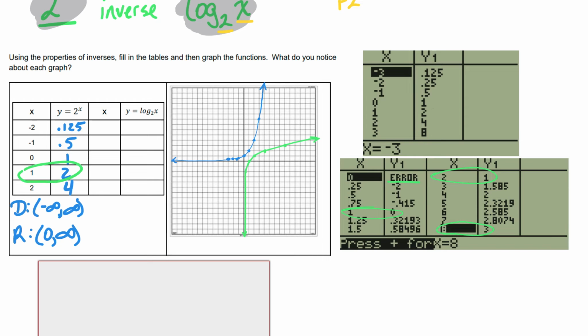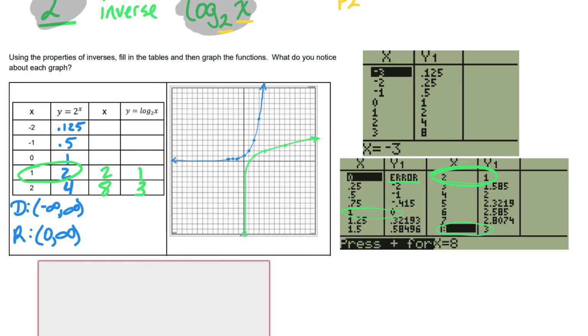So, for instance, we have the point 1, 2 from yesterday. Well, notice we have the inverse, which is 2, 1. So we have an ordered pair 2, 1. We also have an ordered pair 8, 3.